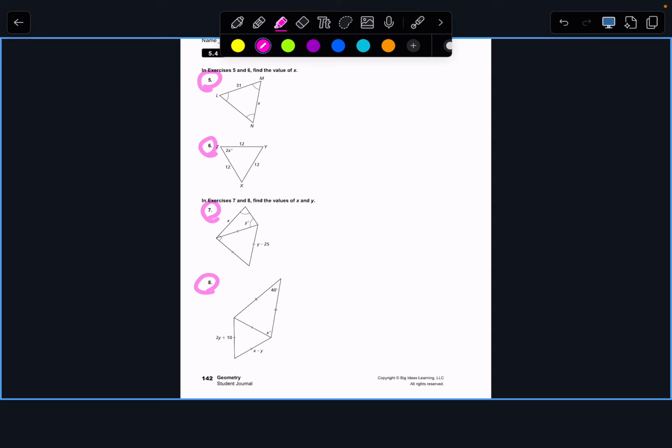So y... Let me figure this out first. Y equals 75. 3 sides. X equals 50. There we go. X equals 50. So, okay. All 3 of the y equals 25.